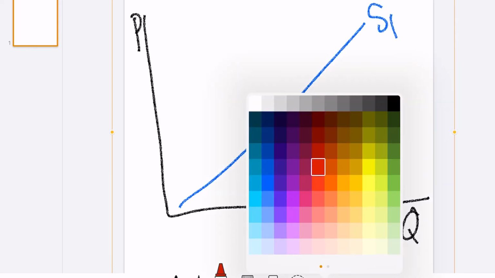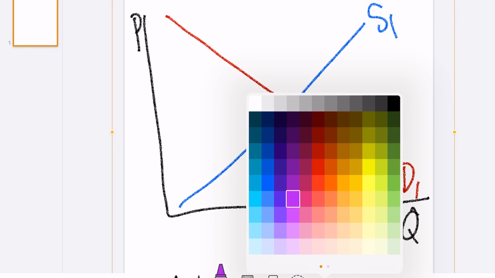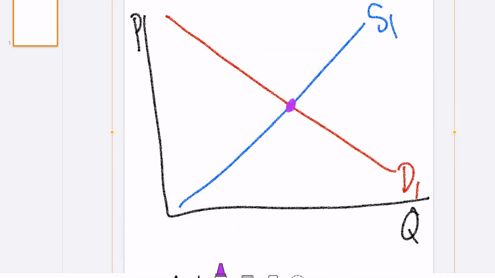We'll find our color for demand, labeling it D1. Then we'll find our colors for equilibrium, labeling it E1, bringing it down to the axis, calling it quantity equilibrium 1, bringing it over to this axis, calling it price equilibrium 1.